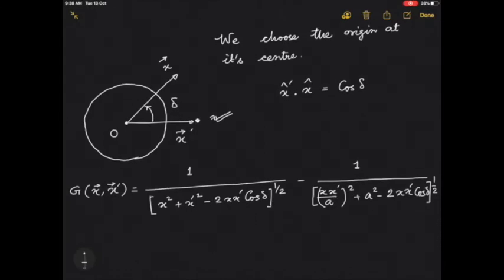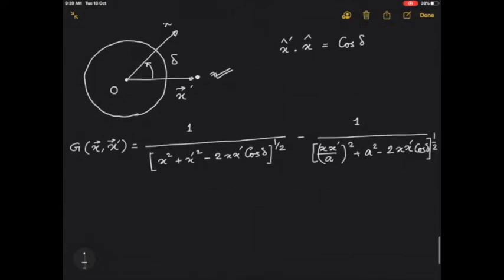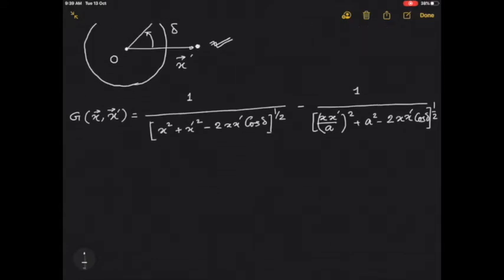I have not gone through the detail of calculating this. This you will find in any book, and you know the method to do it. You should be able to do it for the sphere. Once I know this, I can calculate del g del x prime. Why am I doing this?